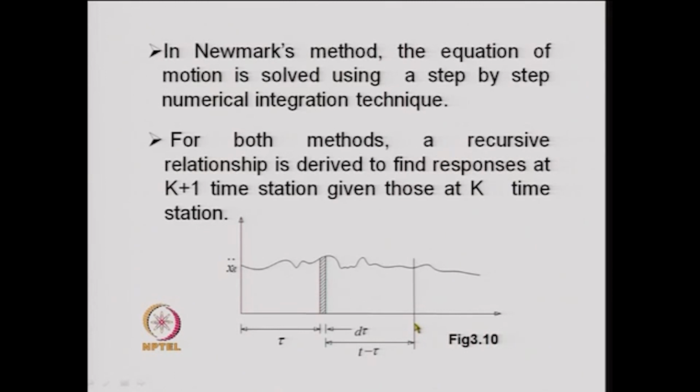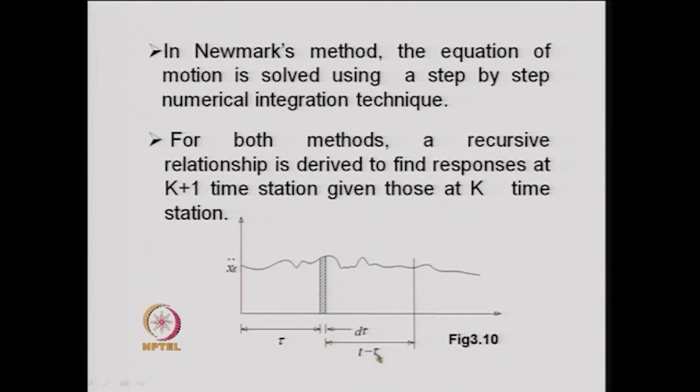So, what we do is first consider an impulse at a time tau from the origin, that is 0 time, and an impulse of f multiplied by d tau is applied to the single degree of freedom system at time tau.